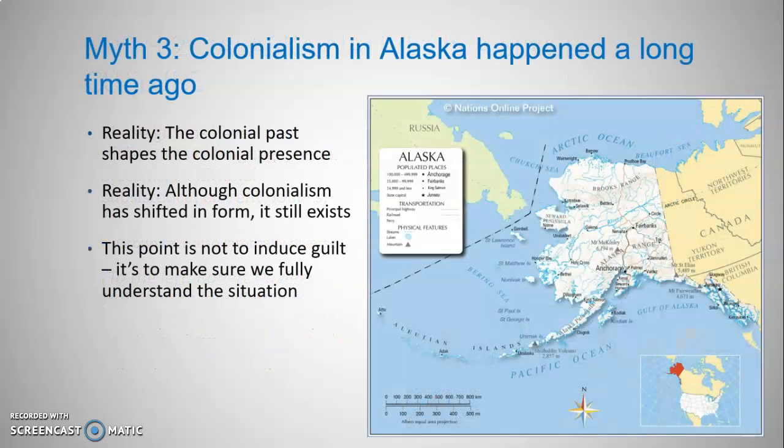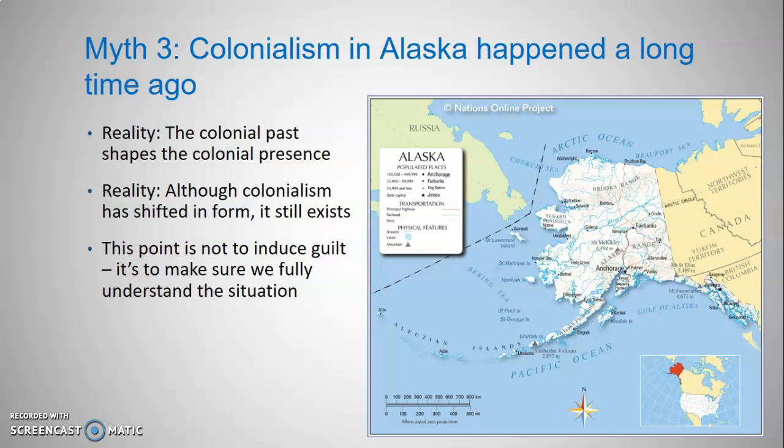Okay, myth number 3 is that colonialism in Alaska happened a long time ago. And the reality of that, of course, is that the colonial past shapes the colonial present, or we might even better say the colonial past shapes the colonial presence. As one Indigenous author said, post-colonial, where did the colonizers go, right?